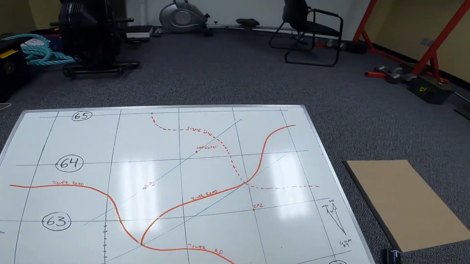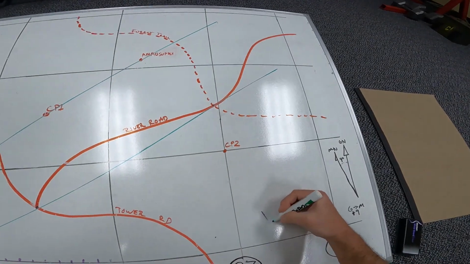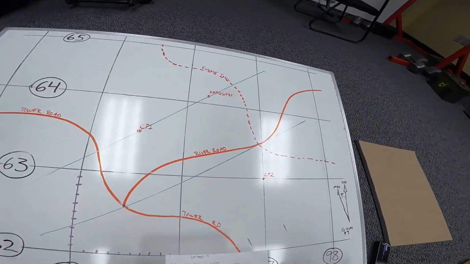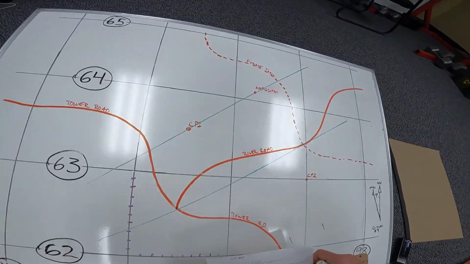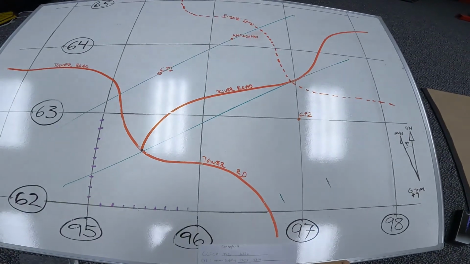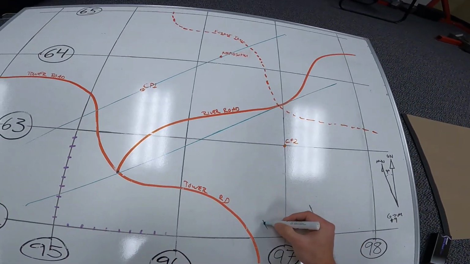So now on your map, you know where your direction is going to go. You can put some little lines so you know where you're going.